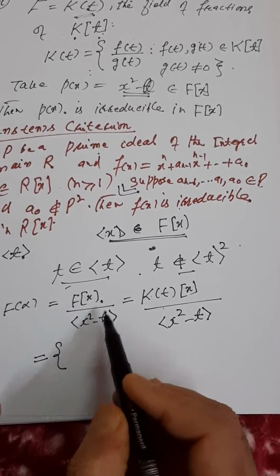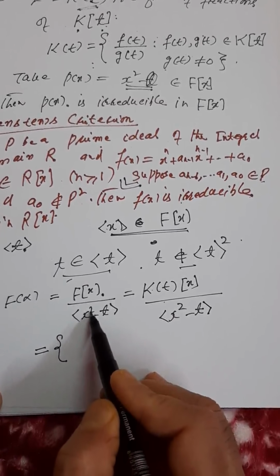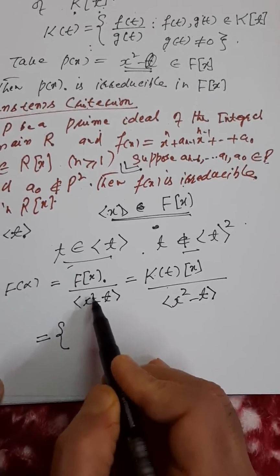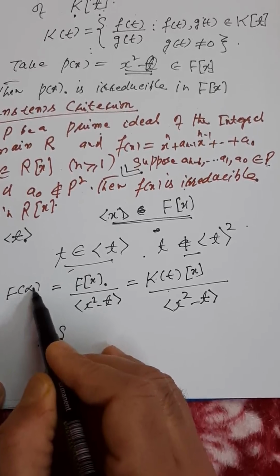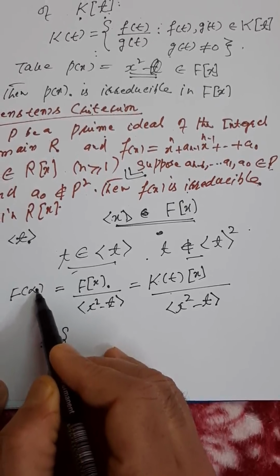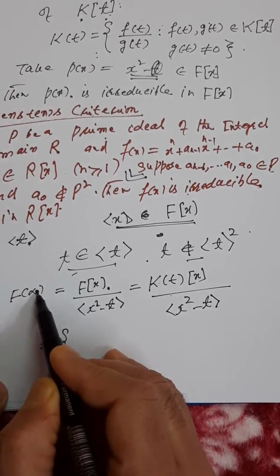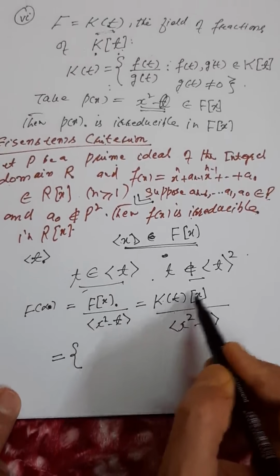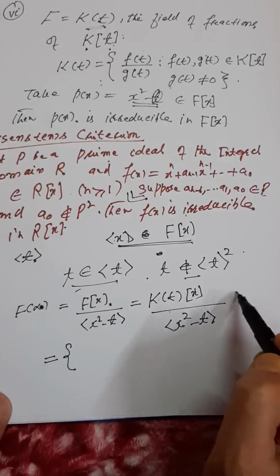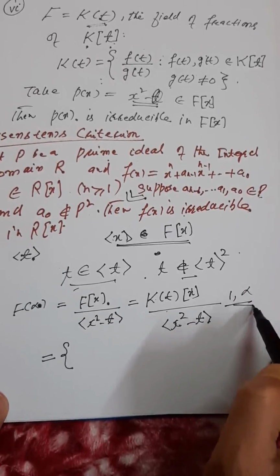So it consists of elements of this form. It is because this polynomial is of degree 2, and if alpha is a root of this polynomial in this extension K(t)[x] over x square minus t, then 1 and alpha would form a basis.